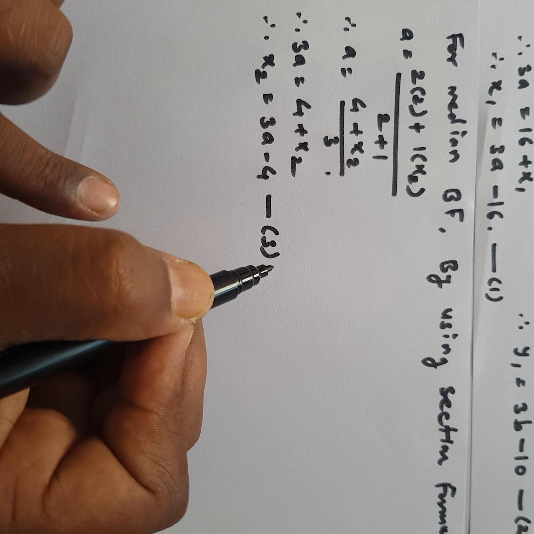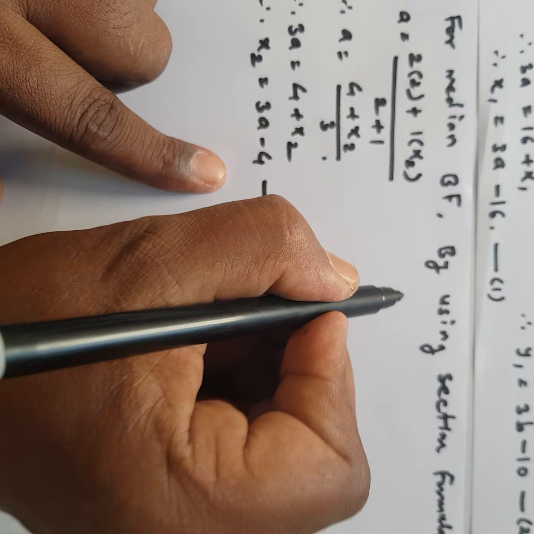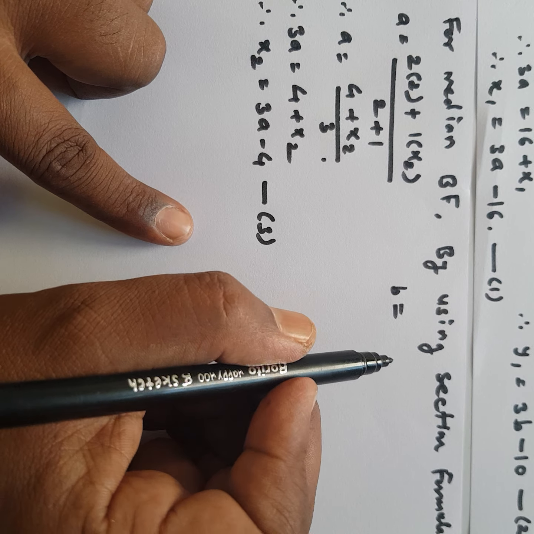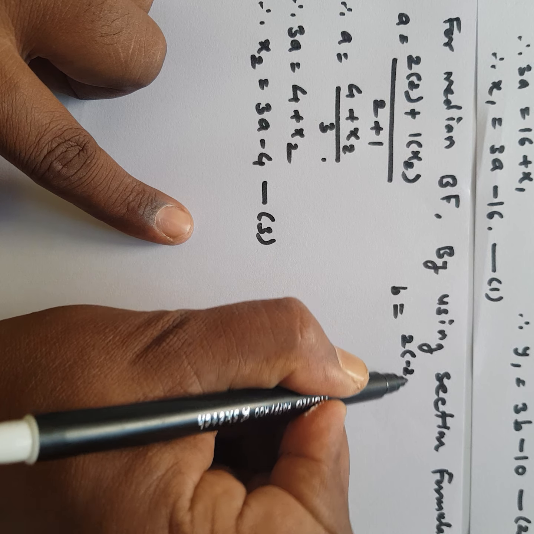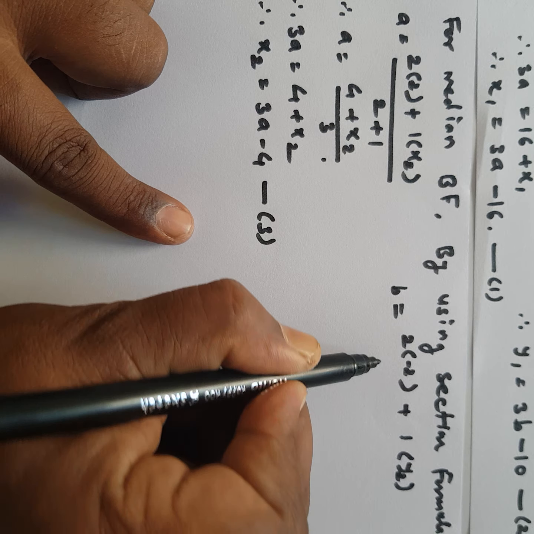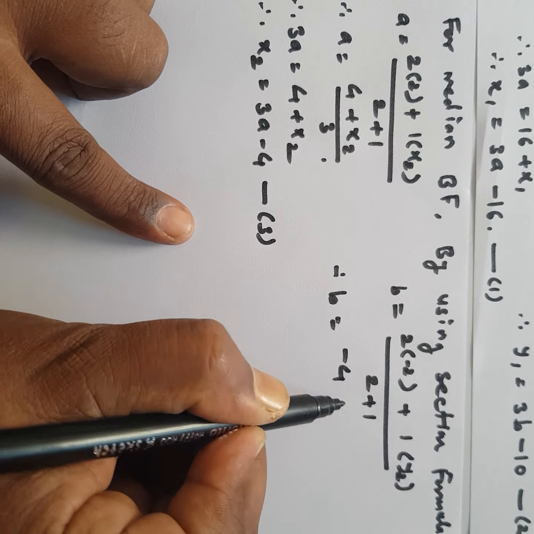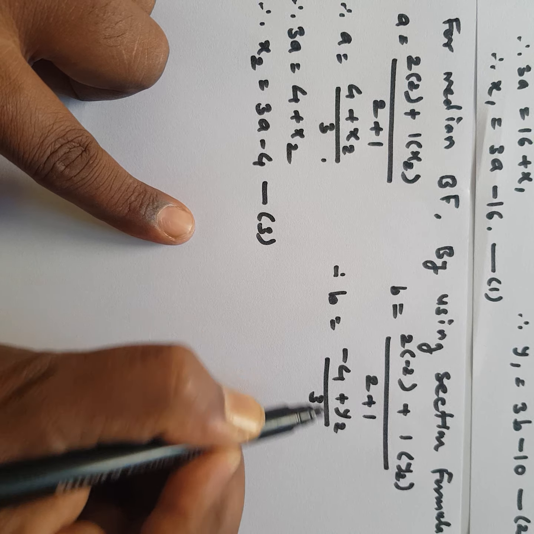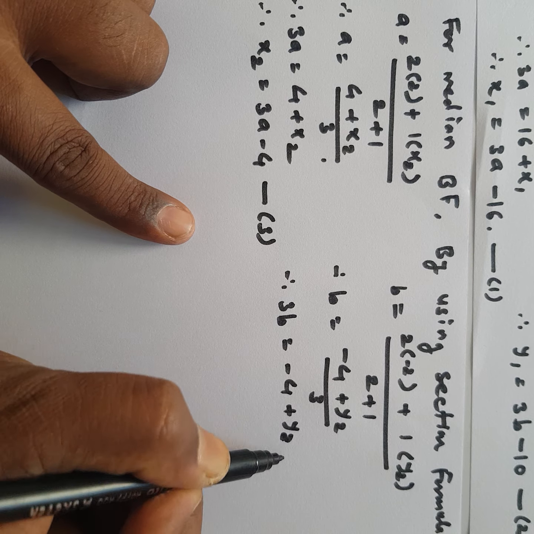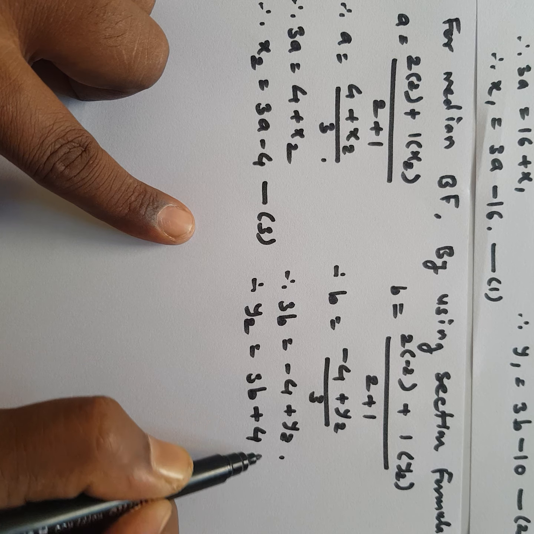It is the x coordinate of point B. Then for the y coordinate, b is equal to (2 into -2 plus 1 into y2) upon (2 plus 1). Therefore, b is equal to (-4 + y2) upon 3. Therefore, 3b is equal to -4 plus y2. Therefore, y2 is equal to 3b plus 4.